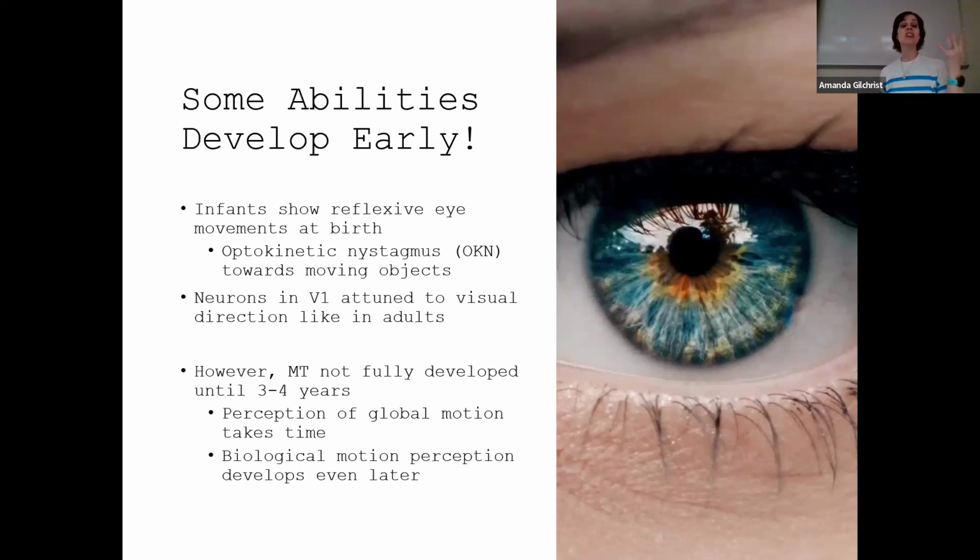The perception of global motion takes time. And interestingly enough, being able to notice biological motion actually develops even later than that. So there are some things that we develop relatively early, and there are some things that we develop relatively later.